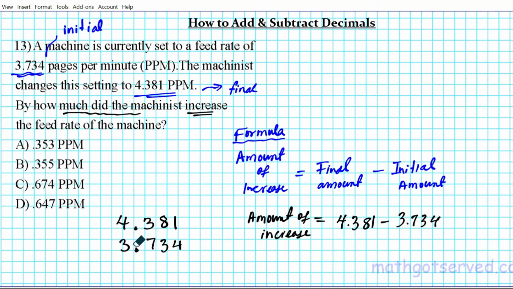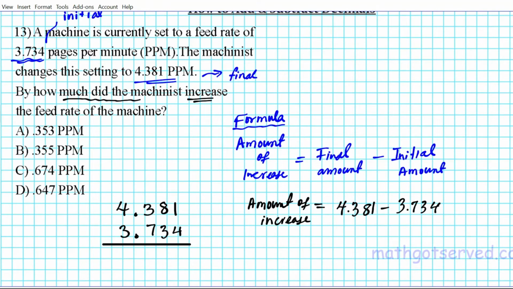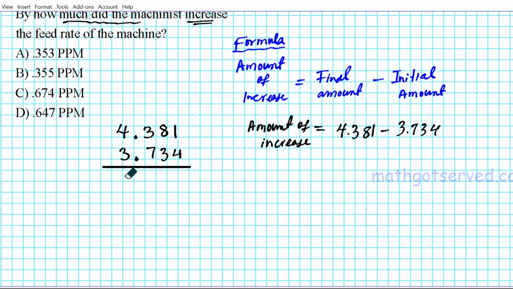All right, see how I align the decimal points vertically like that? We want to make sure that we're subtracting the correct place value digits from each other. If there are missing digits with this configuration, all you just have to do is insert 0 as a placeholder and make sure that you don't have any digits missing.